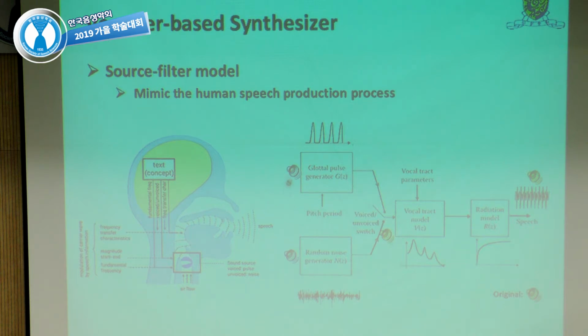So here I would like to try to show you something. The source is composed of the part of periodical pulse and noise, and these two parts of source will go through the filters, that is modeling our vocal tract, and become the output speech.